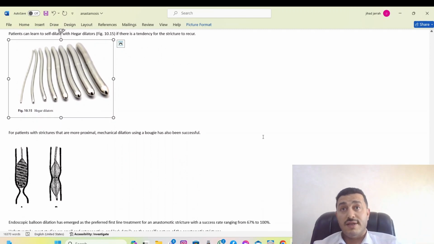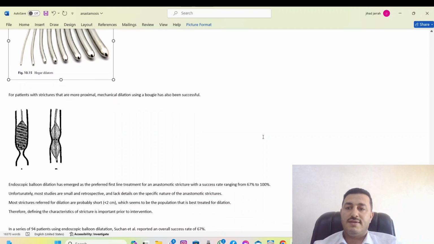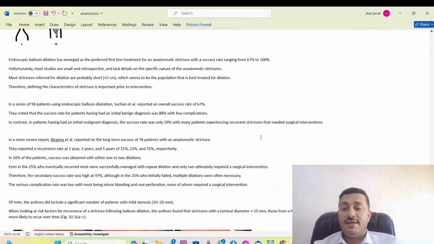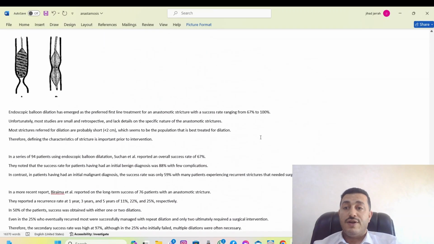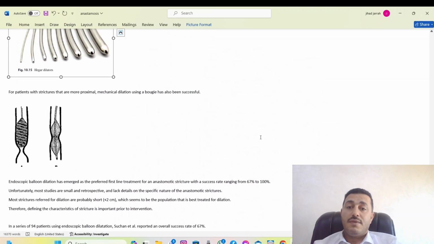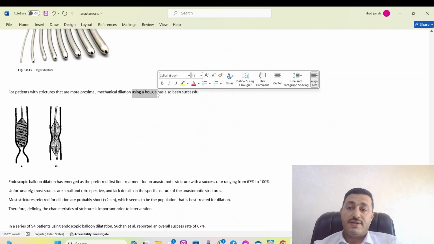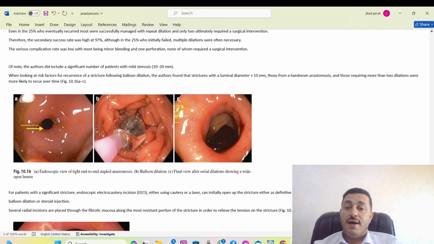Again, the most important thing in managing stricture is to know: is this a benign stricture or a malignant stricture? Another modality in the treatment of the stricture is the bougie, or as you see here, a balloon. Endoscopic view of a tight end-to-end stapled anastomosis and the dilatation with balloon.